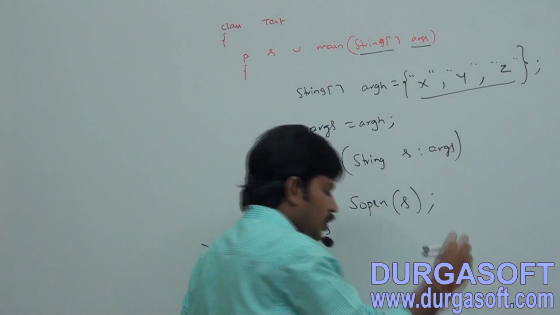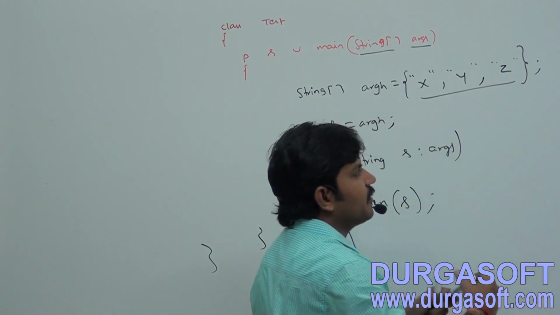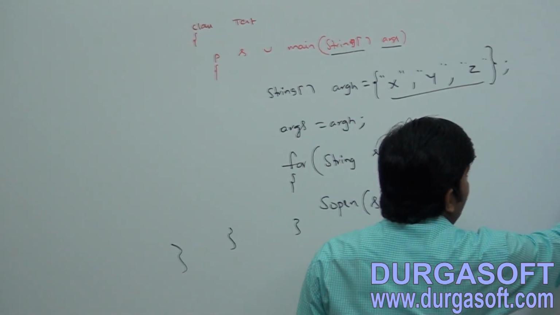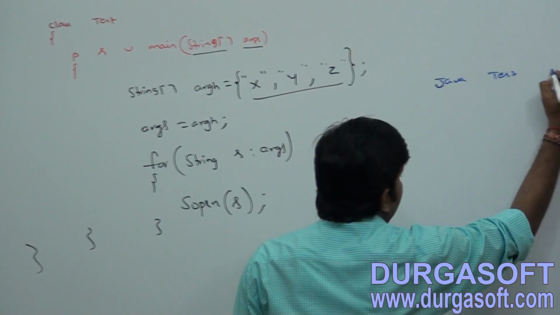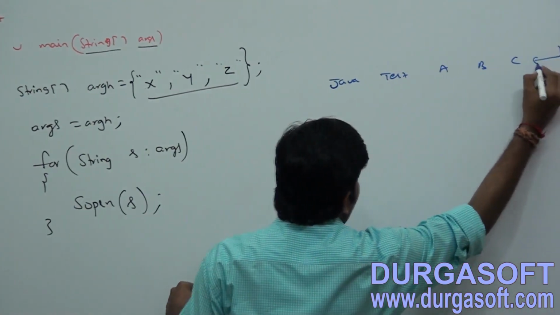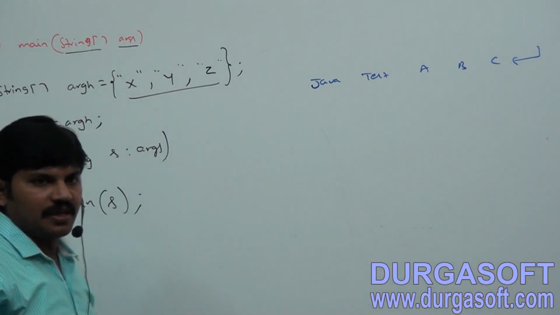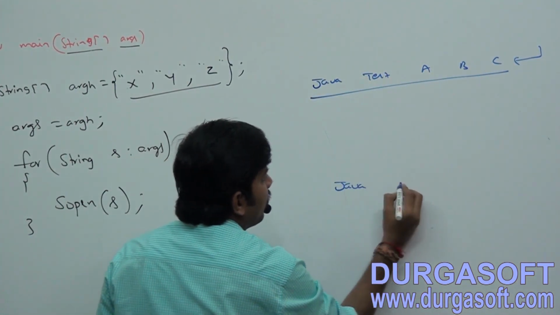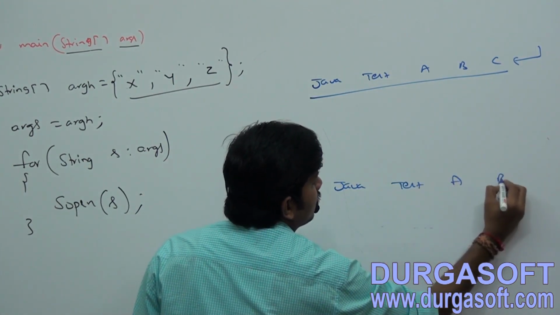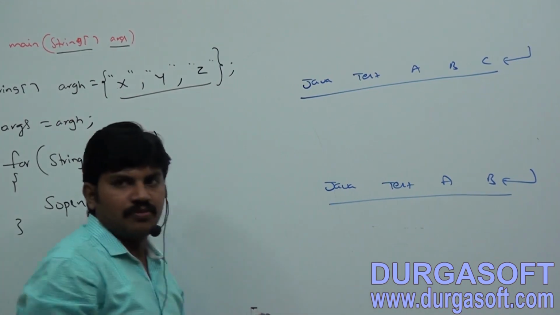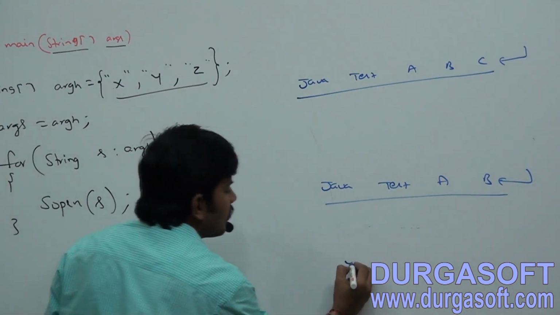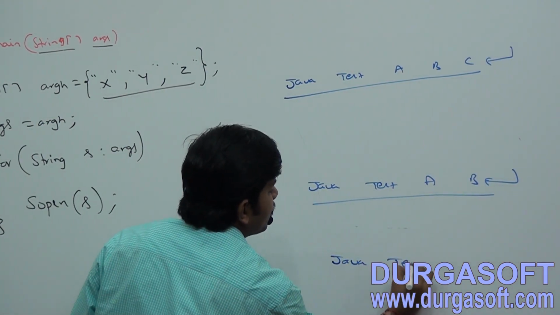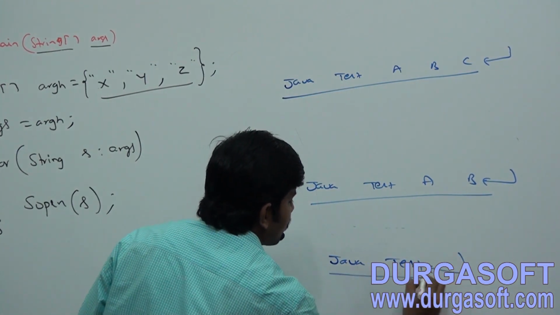If I run this code, I am taking java test ABC as my first invocation, java test AB as my second invocation, and java test as my third invocation.